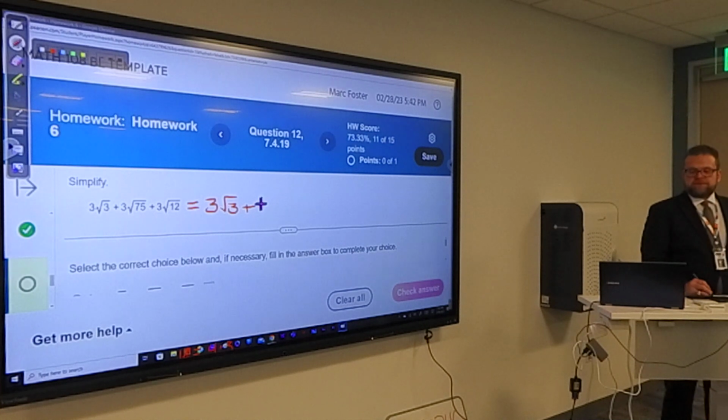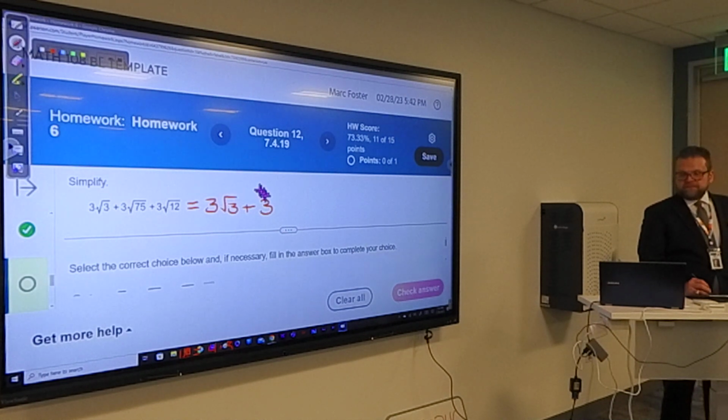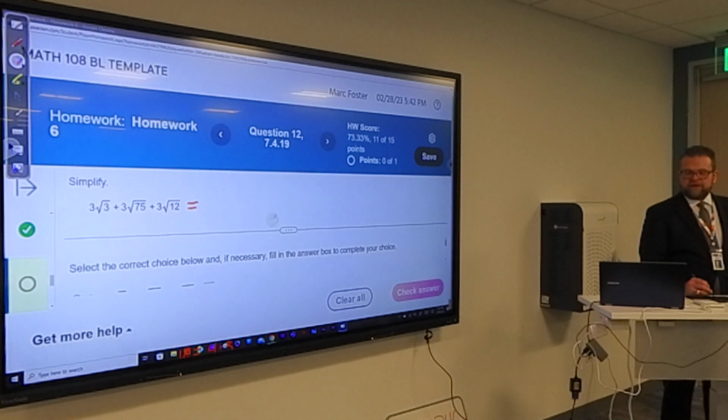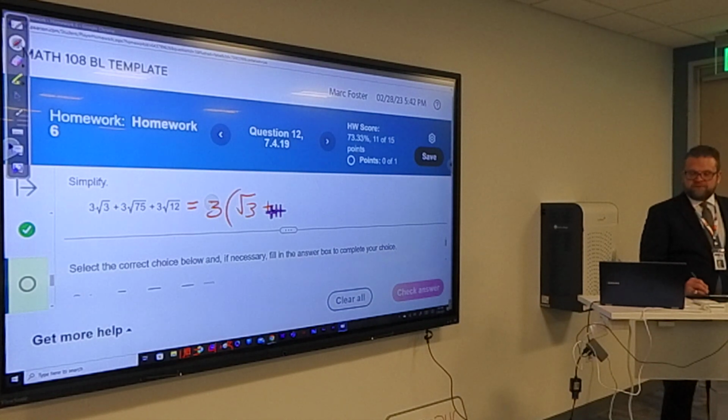Here we have 3 root 3 plus 3, sure there's a lot of 3's floating around. Here I can factor out a 3 and say that this is root 3 plus root 75 plus root 12. And root 75, we just did it, it was 5 root 3.